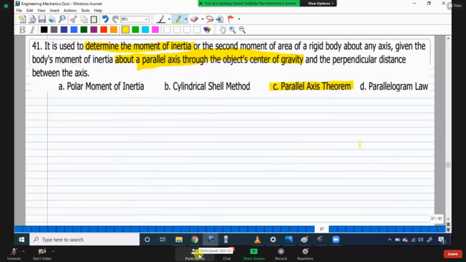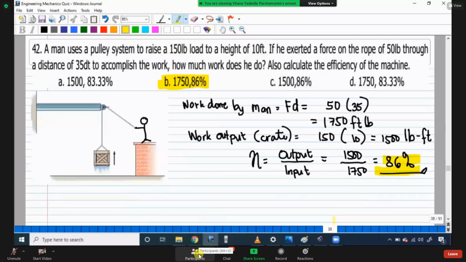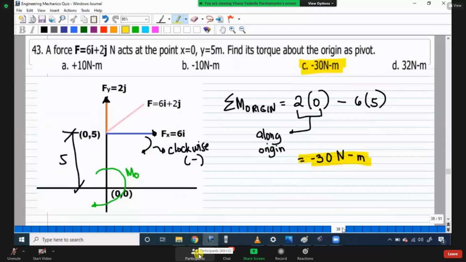Parallel axis theorem. Number 42. Ang answer ay boy. Paki-picture po. Number 43, ang answer po is letter C, cat. Negative 30 Newton meter. Next po.